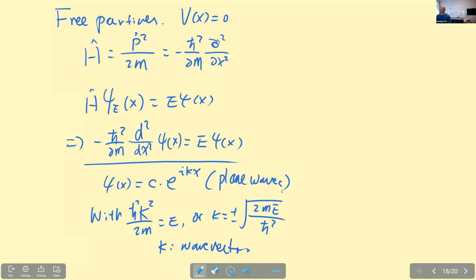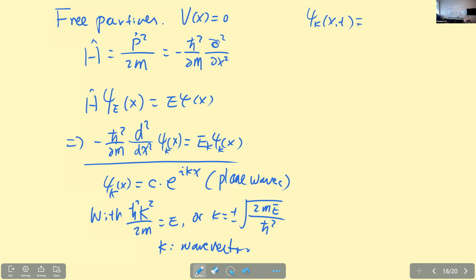Right, and then the solution, so we can call this one E_k, and this one psi_k. Right, so the time dependence, of course, will be, remember, we have two factors.